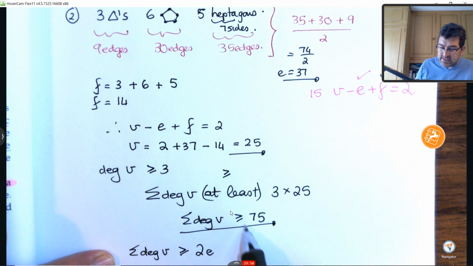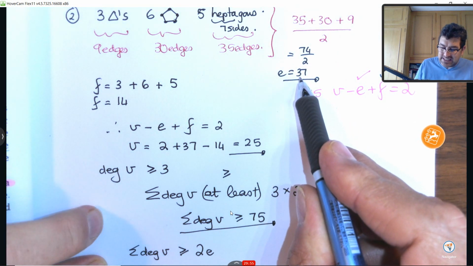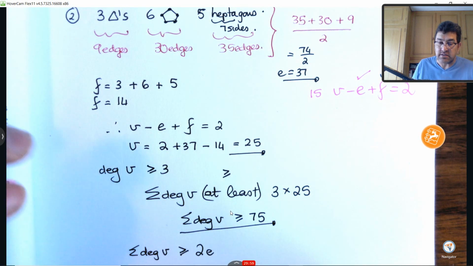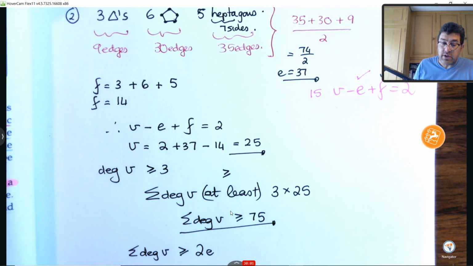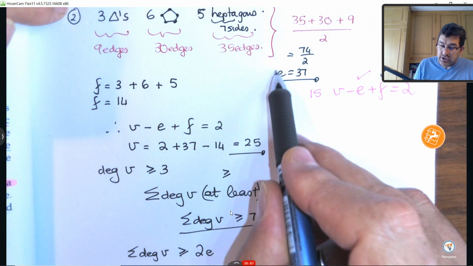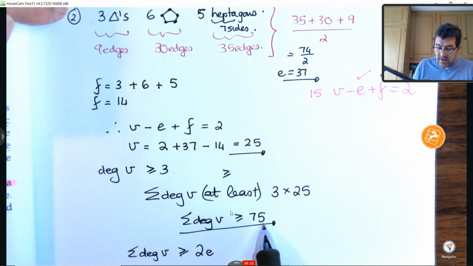So we've got 75. The number of edges is 37. So it's got to be more than that. Okay? So if we look carefully, twice the number of edges, there are strictly more than 37 edges. Okay? And there's 75. The sum of the degree of the vertices is 75.